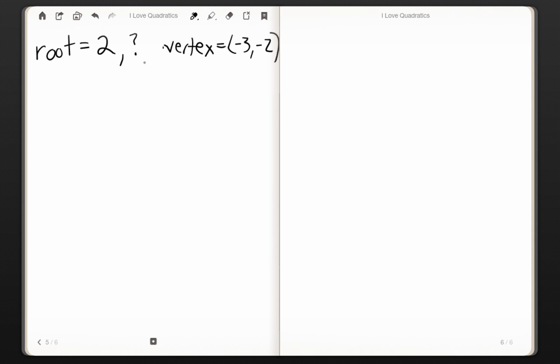So your first guess might be to try using the vertex form, since we know what the vertex is, but not what the two roots are.